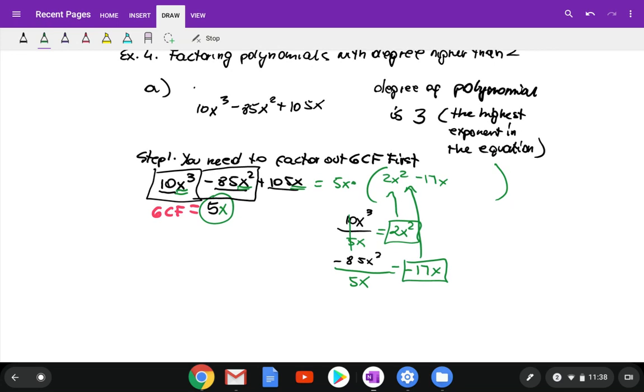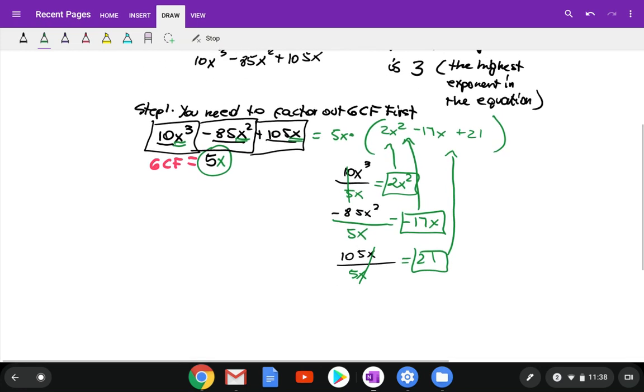One more time, take your third expression, which is 105x, divide that by GCF, which is 5x. 105 divided by 5 will give you 21, and x divided by x is 1. So we'll just have 21 in the parenthesis.